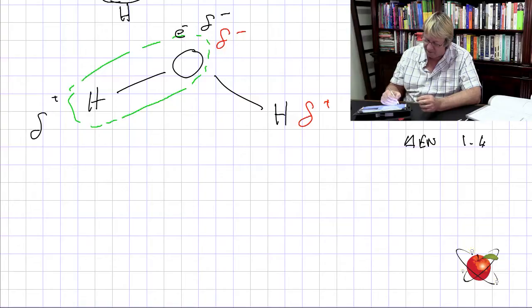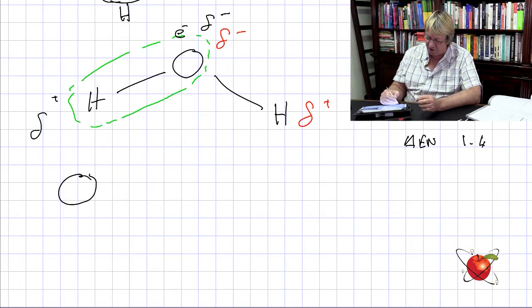Which means what? Well, if we put more of these oxygen and hydrogen molecules together, called water, what is going to happen is this, isn't it? Let's draw another one of them. What's going to happen is it's going to look for what's going to be attracted here.